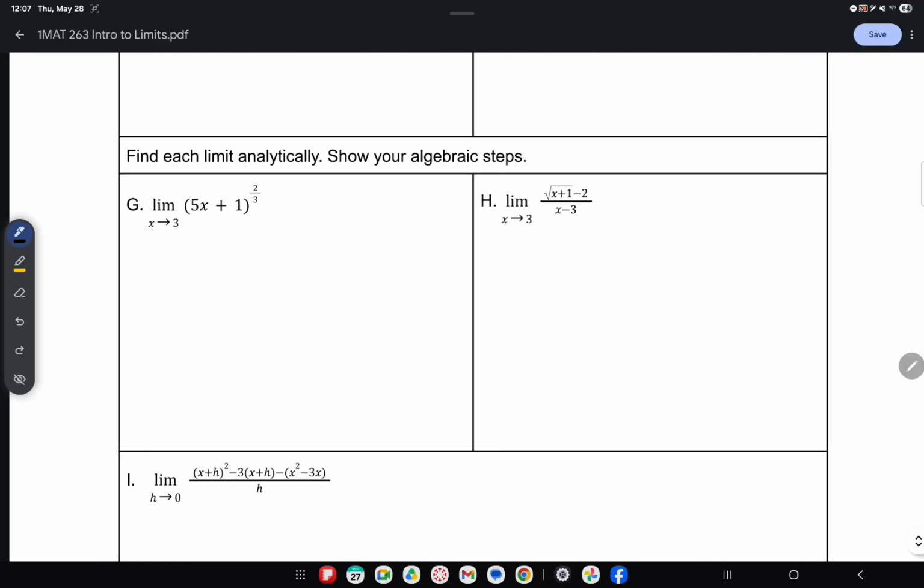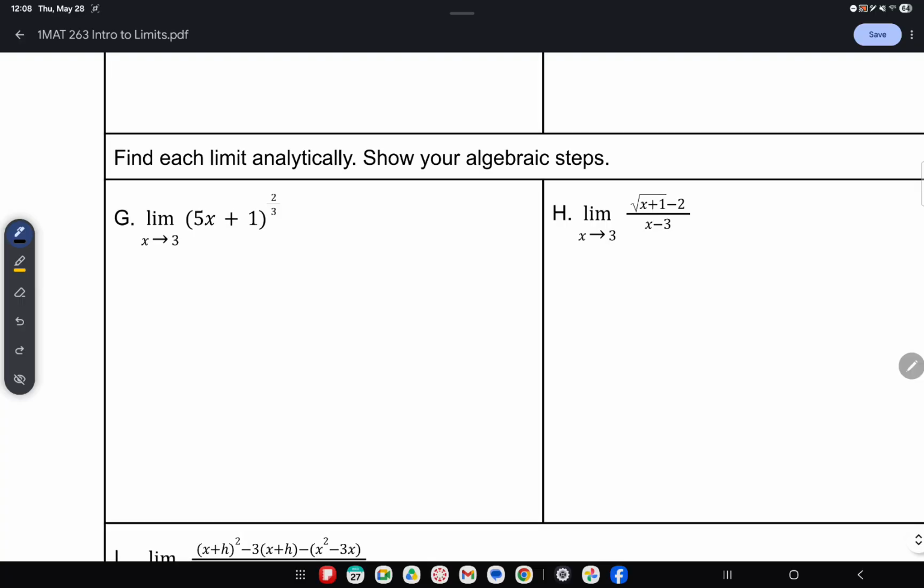All right, last few here. I'm going to try direct substitution in here and see what happens. So 5 times 3 is 15. 15 plus 1 is 16 to the 2/3.